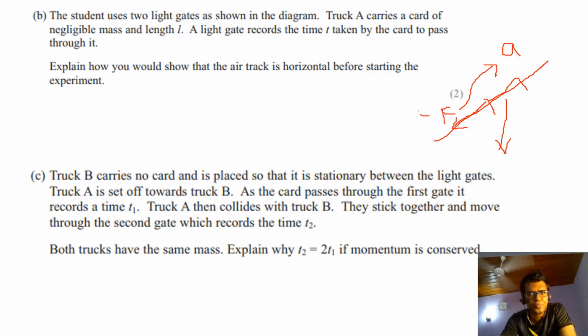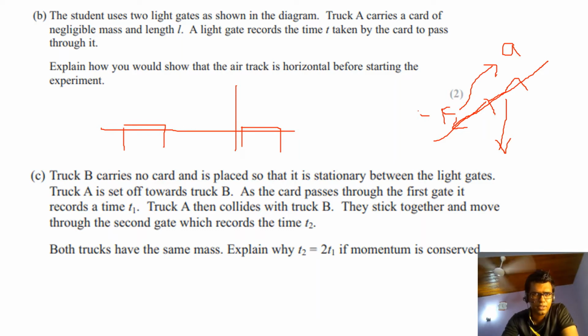We have two light gates. So we'll use the light gates and the timers. You have light gate 1 and light gate 2, and they are connected to timers.